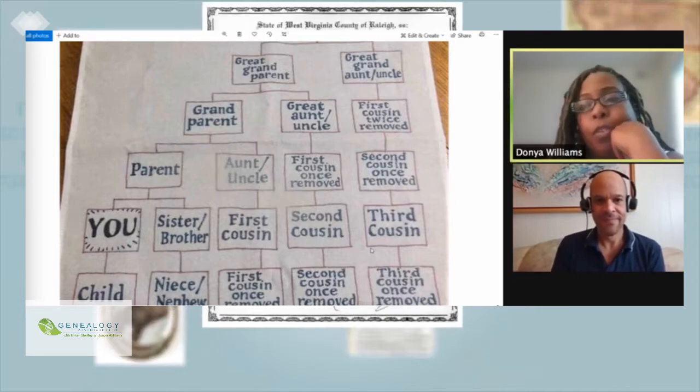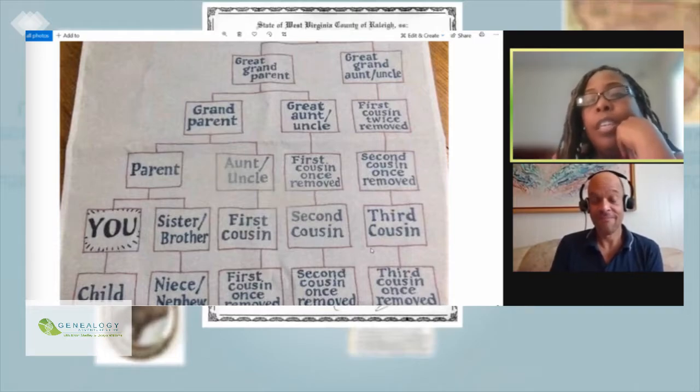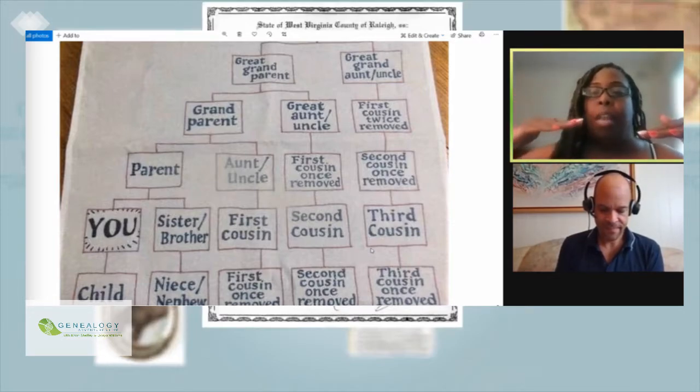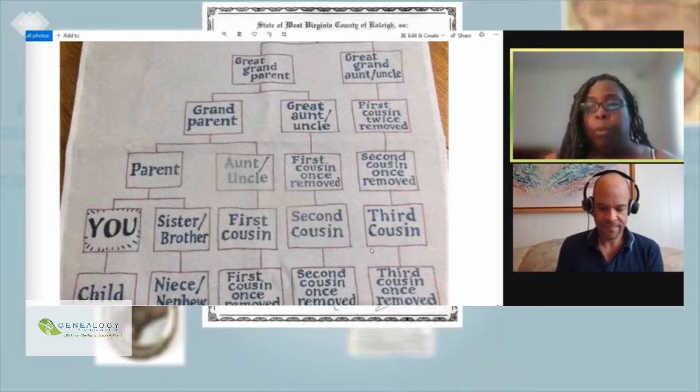No, you're considered once removed from that person. The reason is that your mom is on the same generational level as that first cousin. You are not on their level, so you're one level removed. Does that make sense?